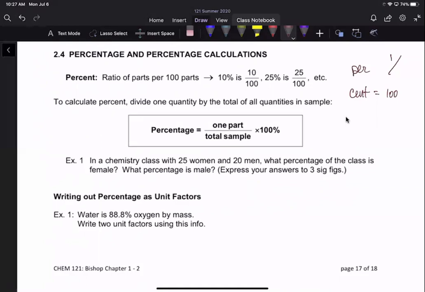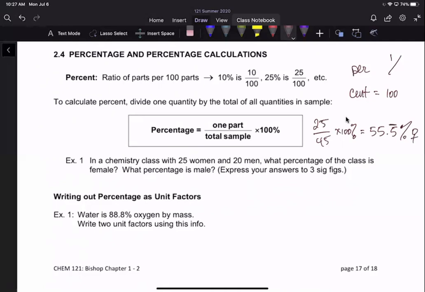Let's see, so our total is 45. So for the women, we have 25 out of 45, and that is times 100, just to get that percent unit in there. And that is 55.5% women, and we can show that repeating line over the 5.